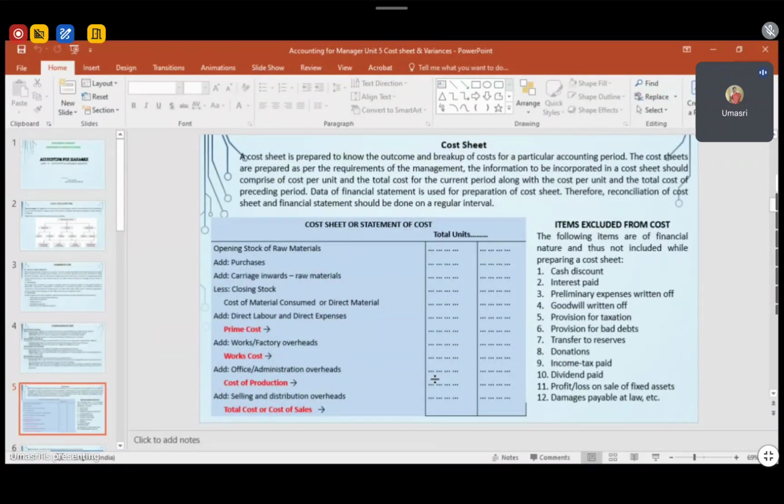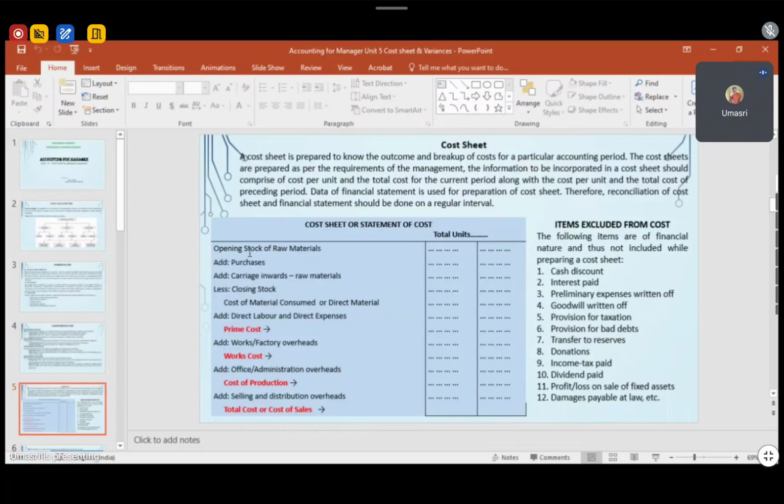Then let us see, we have to prepare a cost sheet. Just as you prepare the trading and profit and loss account in financial accounting, in cost accounting we prepare a cost sheet, a statement of cost, for ascertaining the cost of production. Which expenditures to include and which financial expenditures to exclude, a specimen format is given.